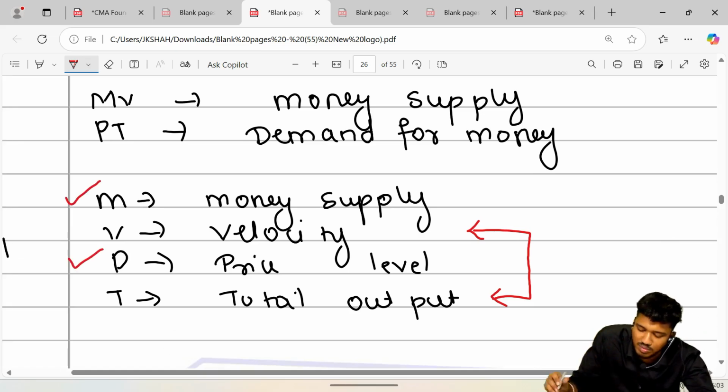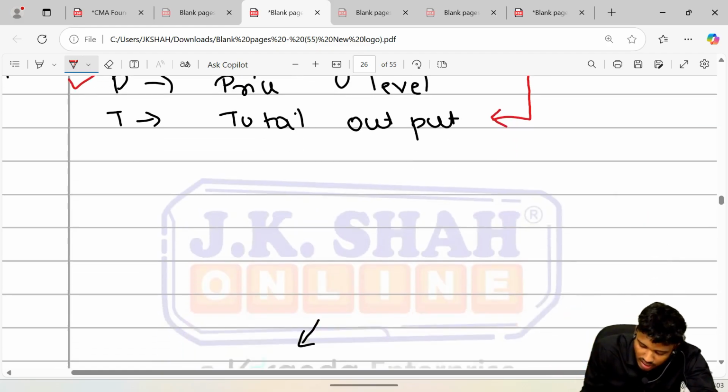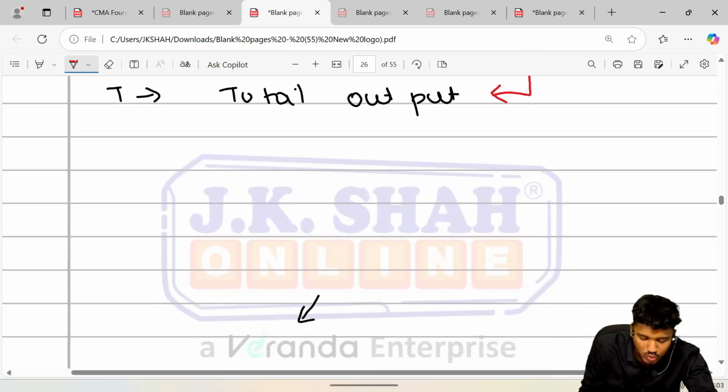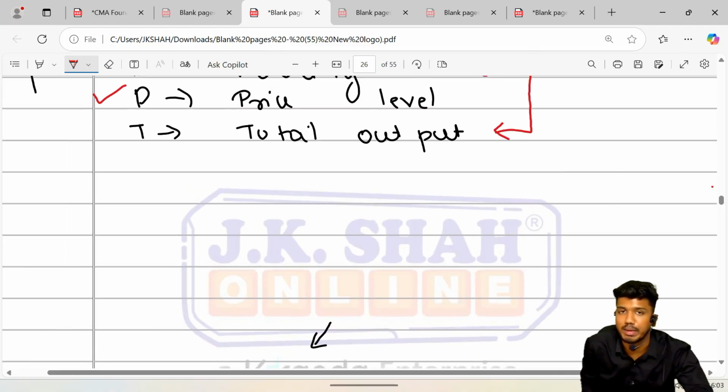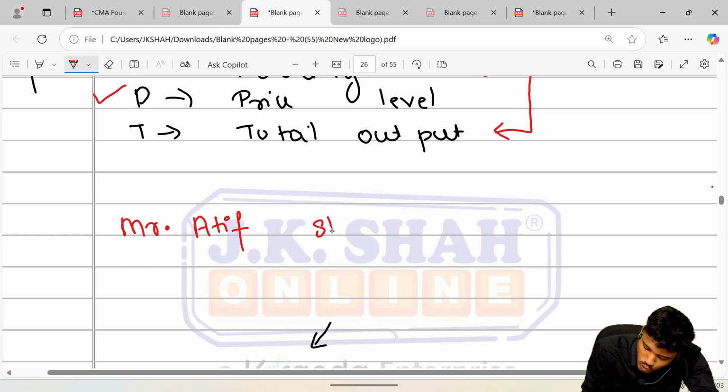Now the relationship between money supply and price level was explained by Fisher. I'll give you one good example with the help of which you will be able to understand. There is a seller, Mr. Atif, who sells shoes.